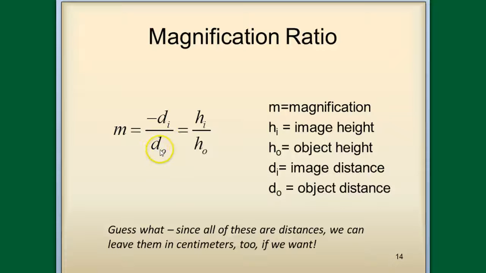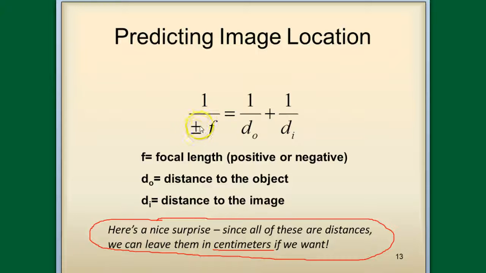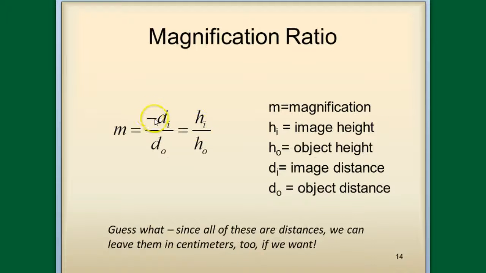Once again, do has to be positive. Once again, you don't have to convert unless the units are not all the same. And then this negative right here, you need to know that unlike that equation, where the sign was not an integral part of the equation, this one is. We have to leave this negative here regardless of what the distance to the image is. Even if the distance to the image is negative, we've got to leave the negative. So in that case, we would have a negative.